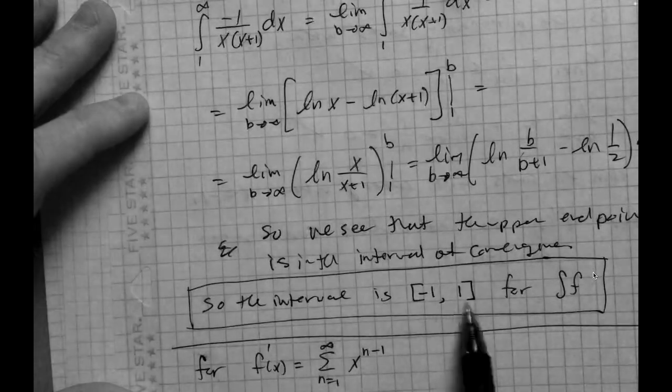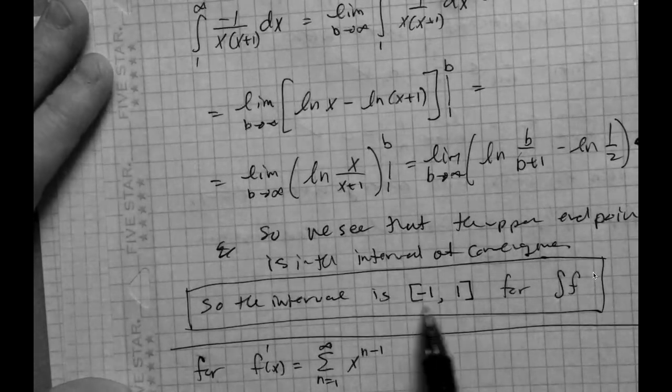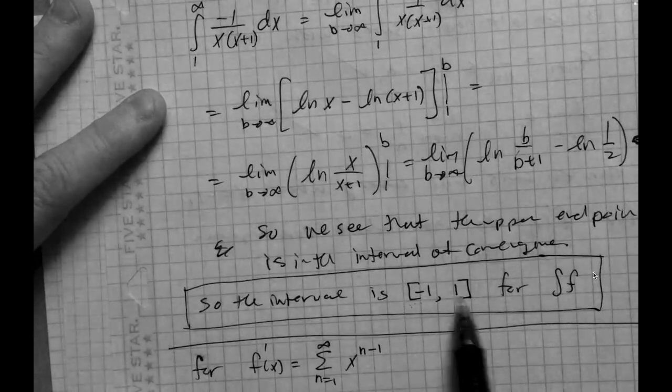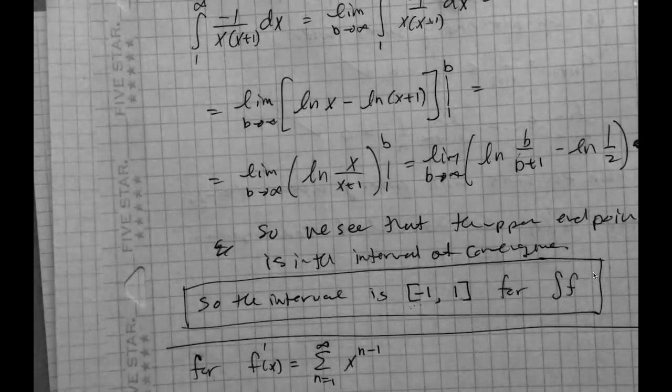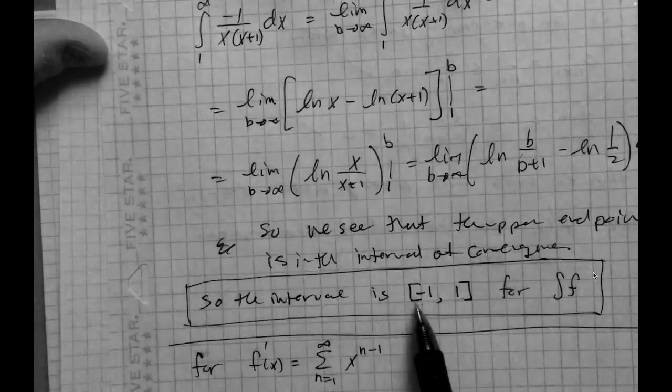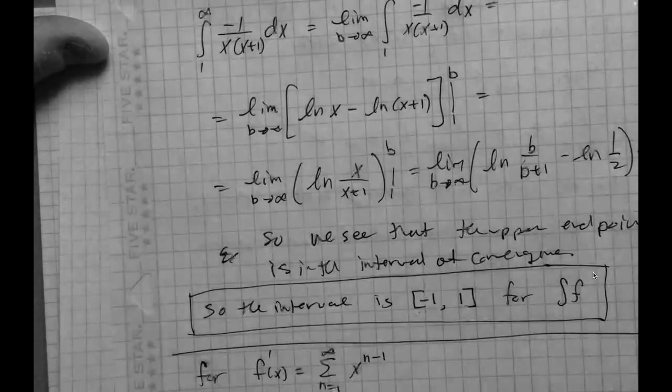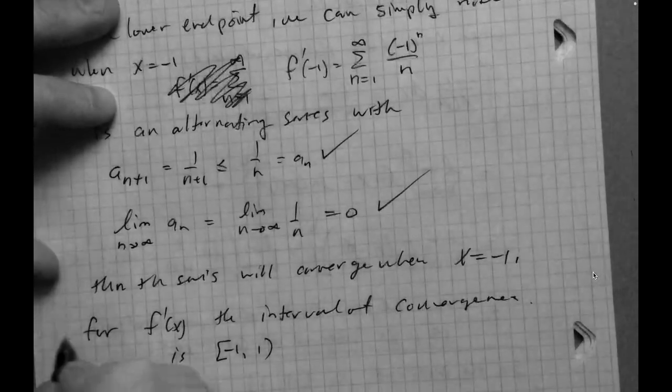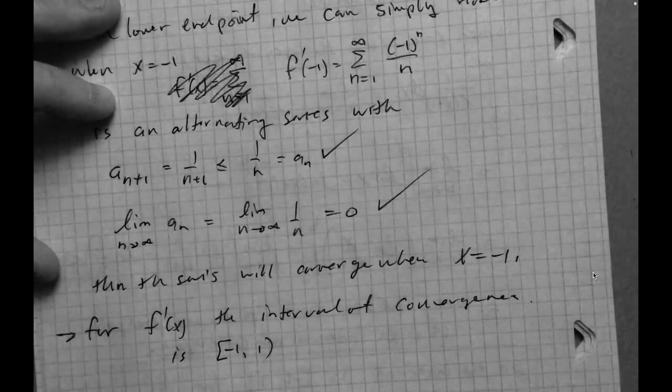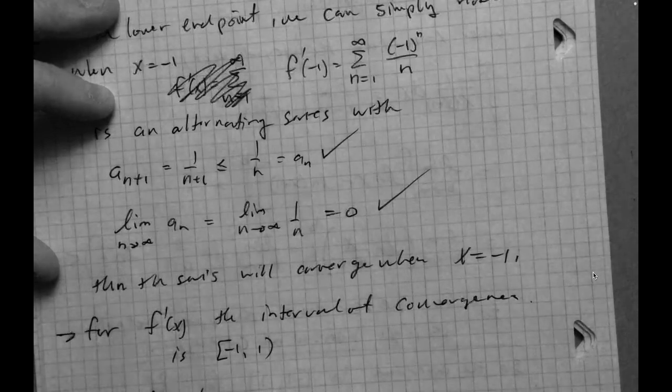Now recall what we saw on the previous page. We saw something different, that for the integral, both the lower and upper bounds were involved in the interval of convergence. All right, so let's write that in here just to make sure that we're tracking that.